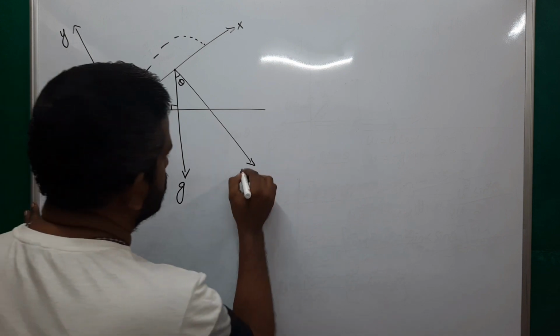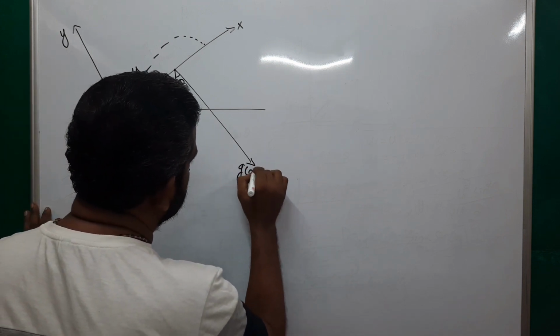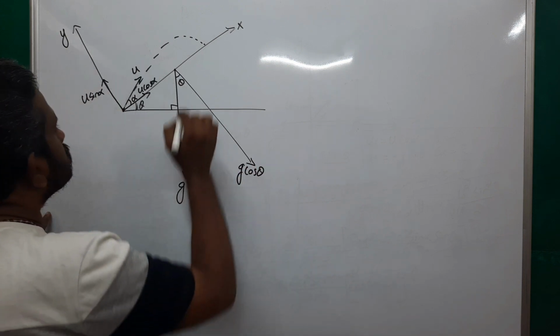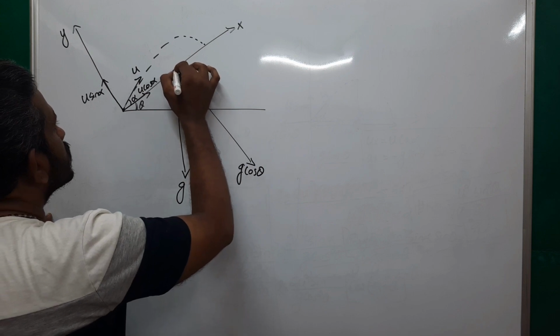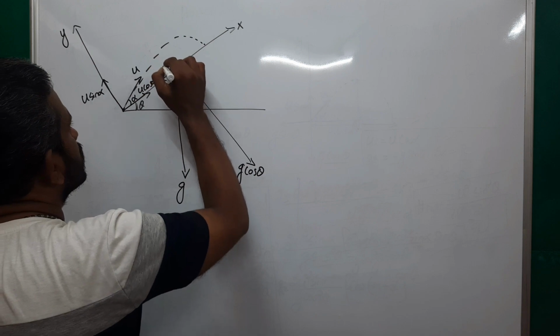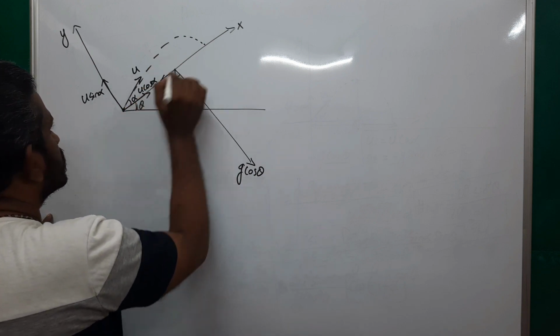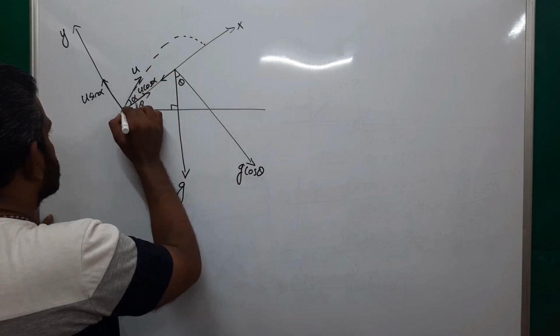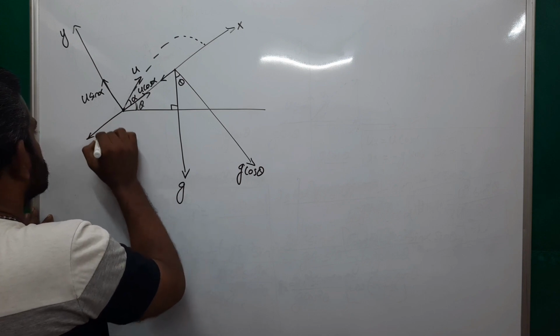So this component is g cos theta, and this component is g sin theta.